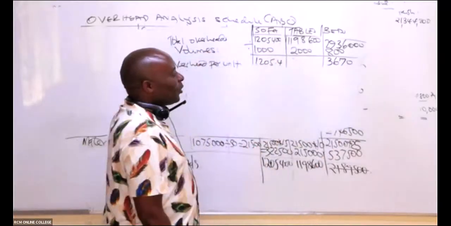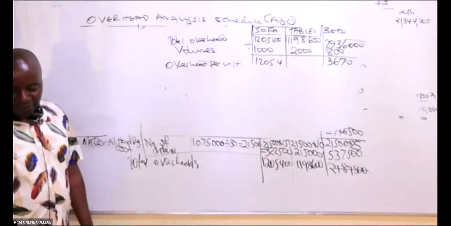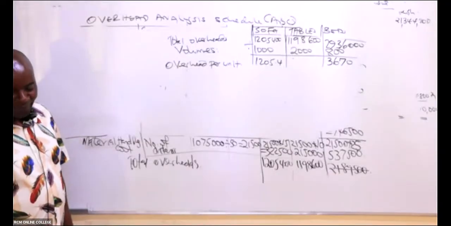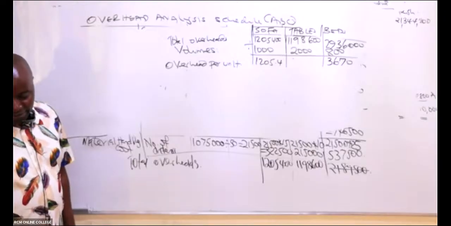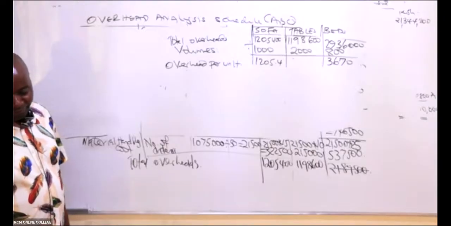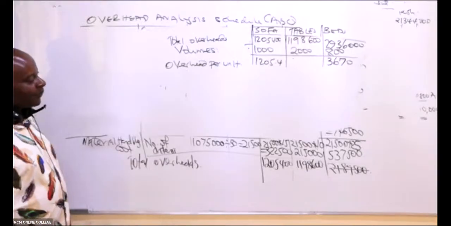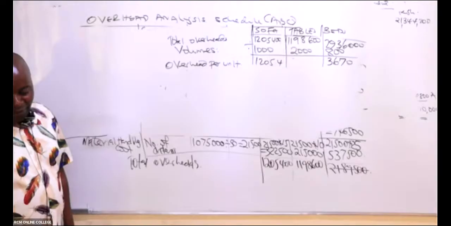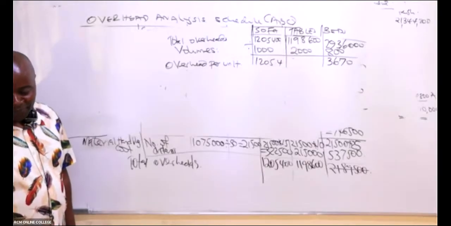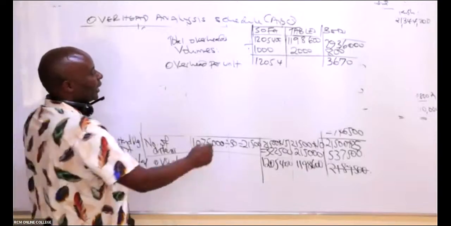How about the tables? 29,36,000. Yeah. So tables. Why online students, I can't hear you at all. 599 point.